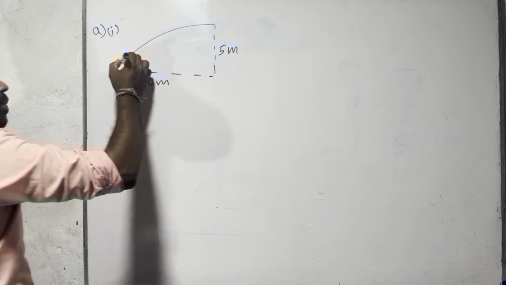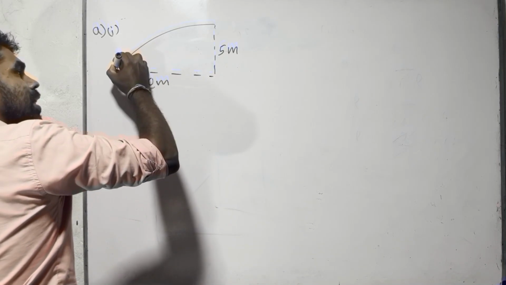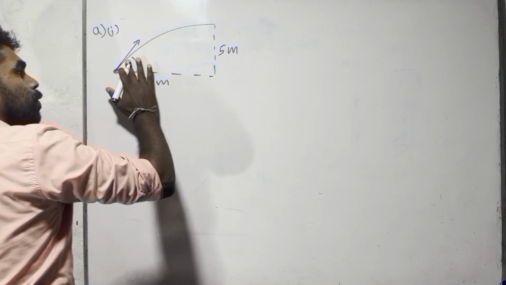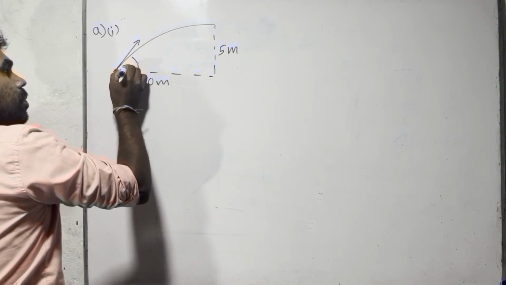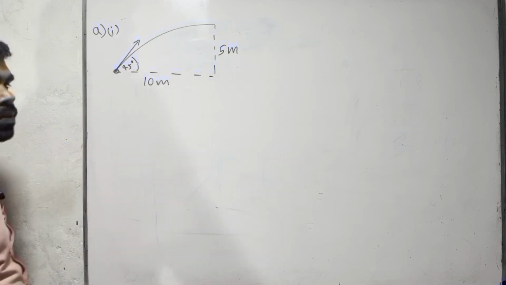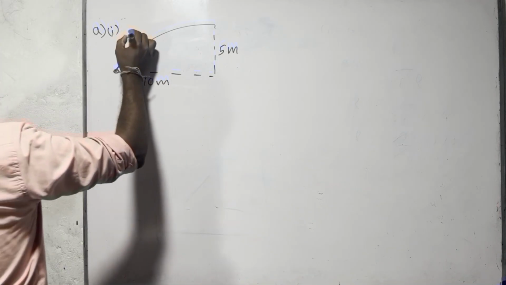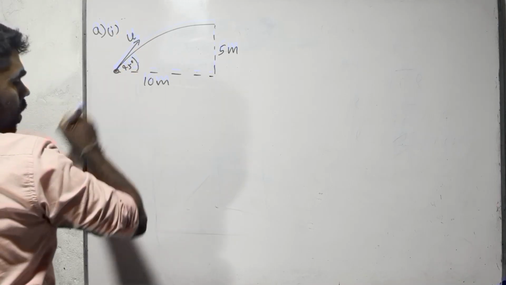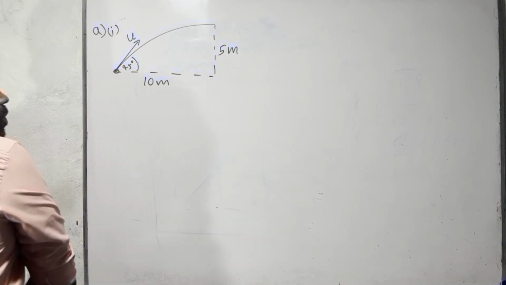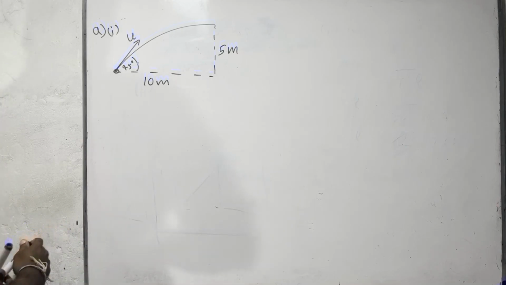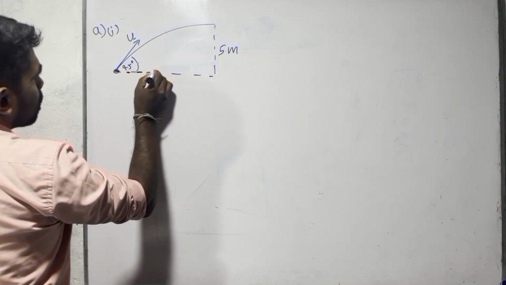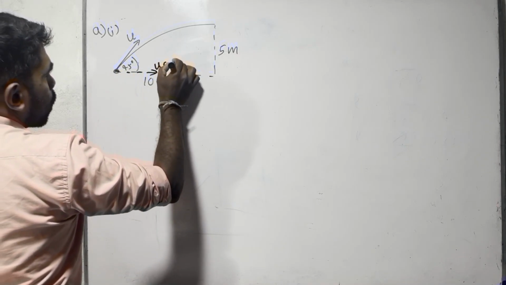And we know the projected angle theta is 45 degrees. We have to find the initial velocity of the projectile motion. Then I will mark the initial velocity as u. Then we can get components of velocity. Horizontal component u cos 45.